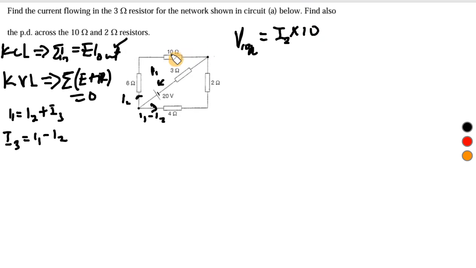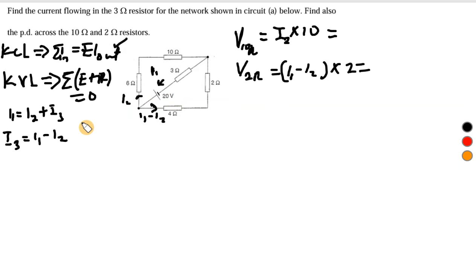And the potential difference across the 2 ohm will be the current that flows here, which is I1 minus I2, times 2. So once we find these, we should be able to evaluate this. If you can find I1, that gives us the current that flows in this 3 ohm resistor.